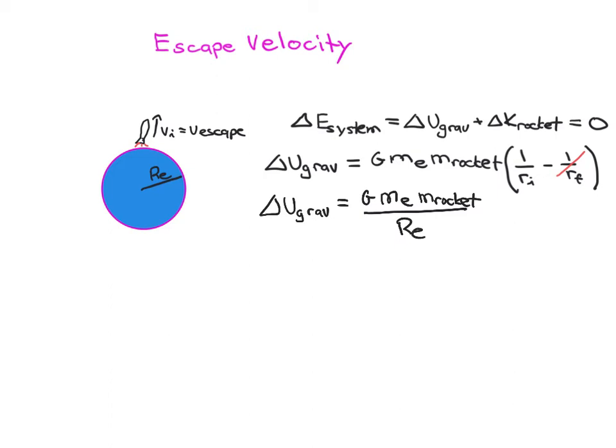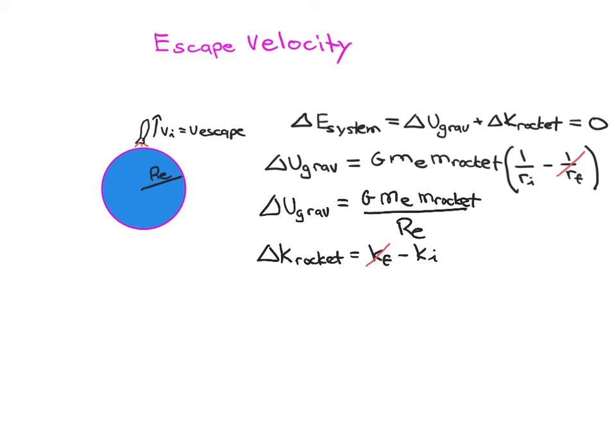And in this problem, the change in kinetic energy of the rocket is just equal to the final kinetic energy of the rocket minus the initial kinetic energy of the rocket. And the final kinetic energy of the rocket we're going to assume is zero, because we're going to assume that at escape velocity, the rocket makes it to infinity, but it basically just barely makes it there.